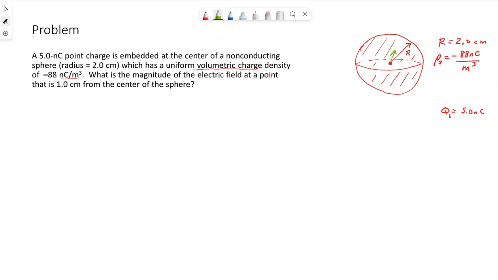This lowercase r that I'm drawing represents the 1 centimeter. Because it is asking us for the magnitude of the electric field at a point that is 1 centimeter from the center of this sphere, this actual charged object.